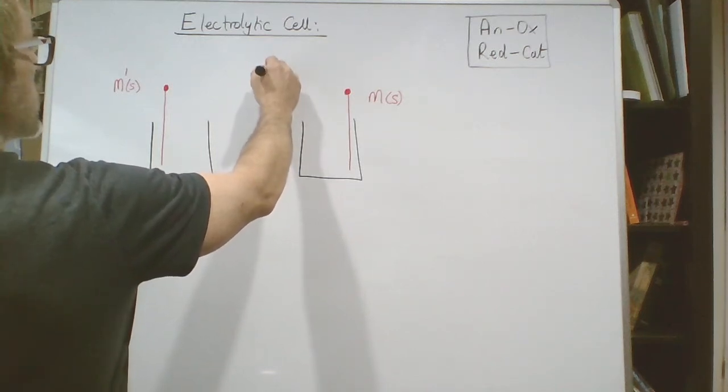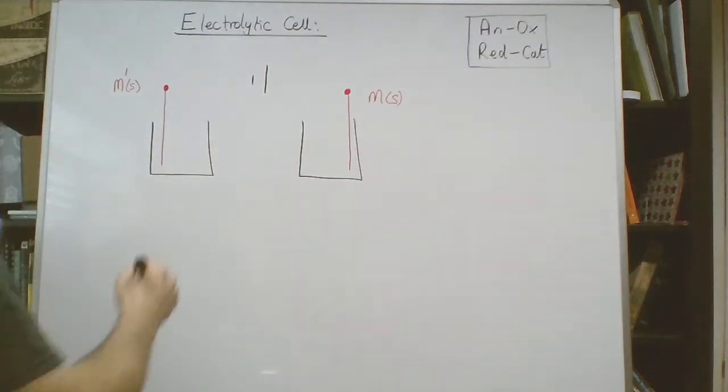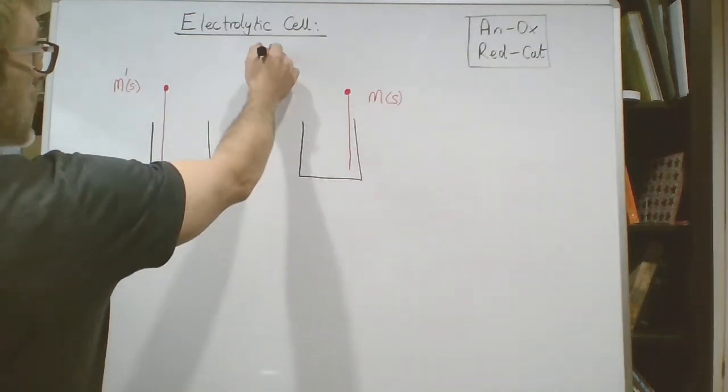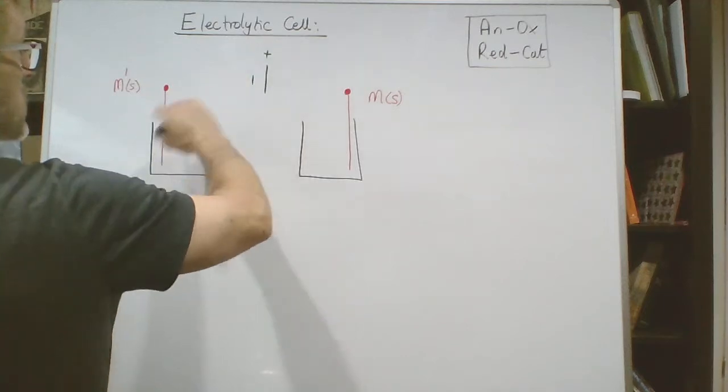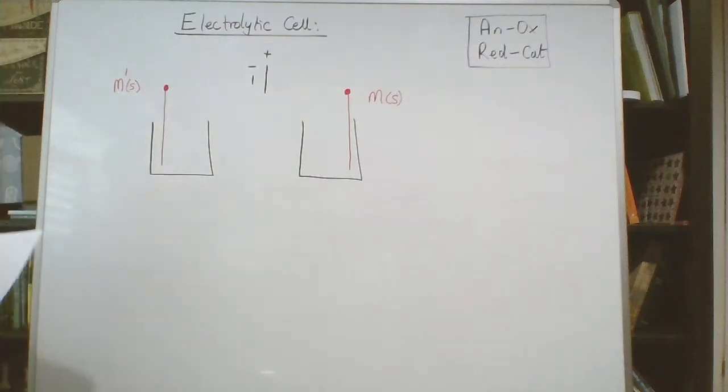So we'll represent the battery as two parallel lines, a long one and a short one, where the longer of the two lines is the positively charged terminal. The shorter of the two is the negatively charged terminal.